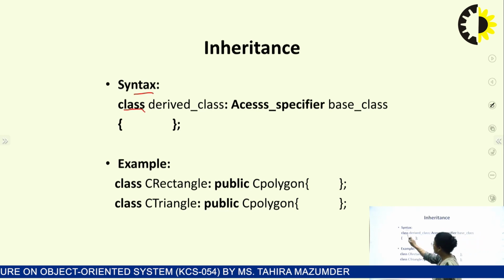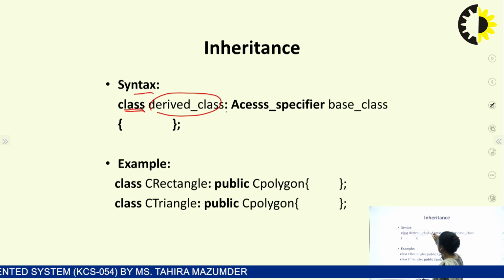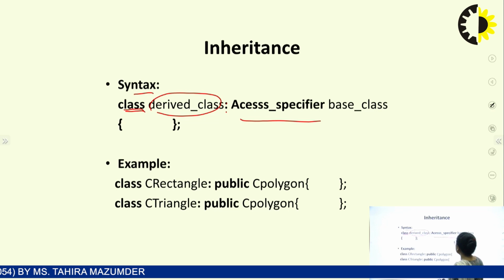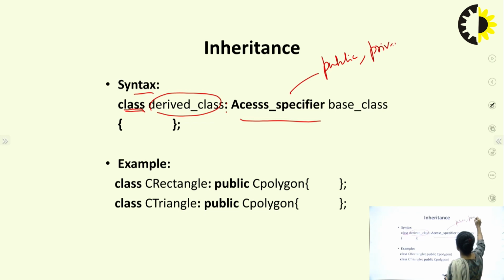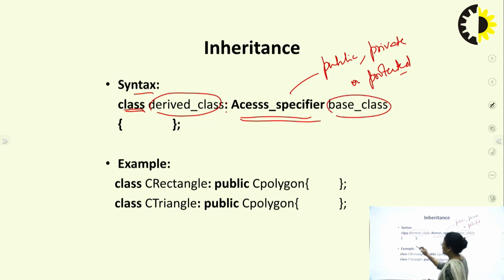We have to write the keyword class, followed by the name of the derived class, followed by the colon operator, and after the colon operator we specify the access specifier. The access specifier, as we already discussed in some classes, can be public, private, or protected. You need to specify the access specifier, followed by the base class, and then we have the body of the derived class within the braces.